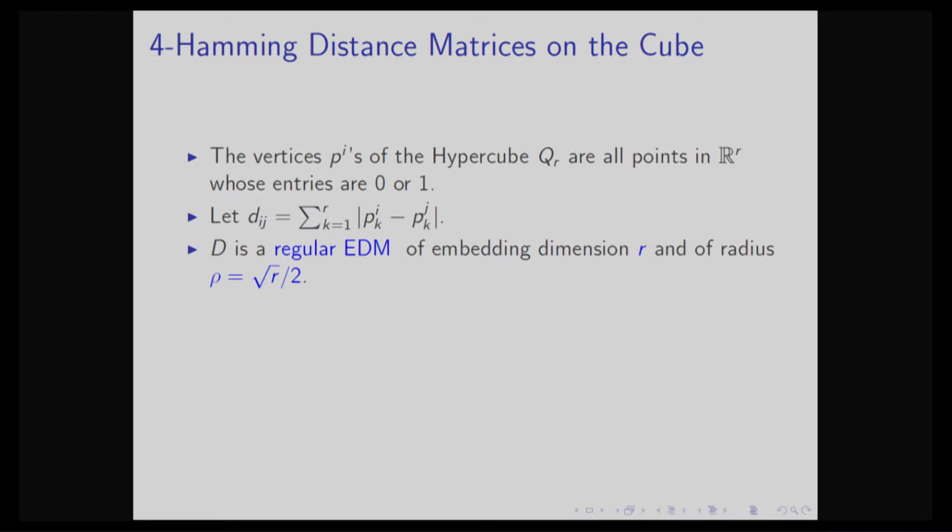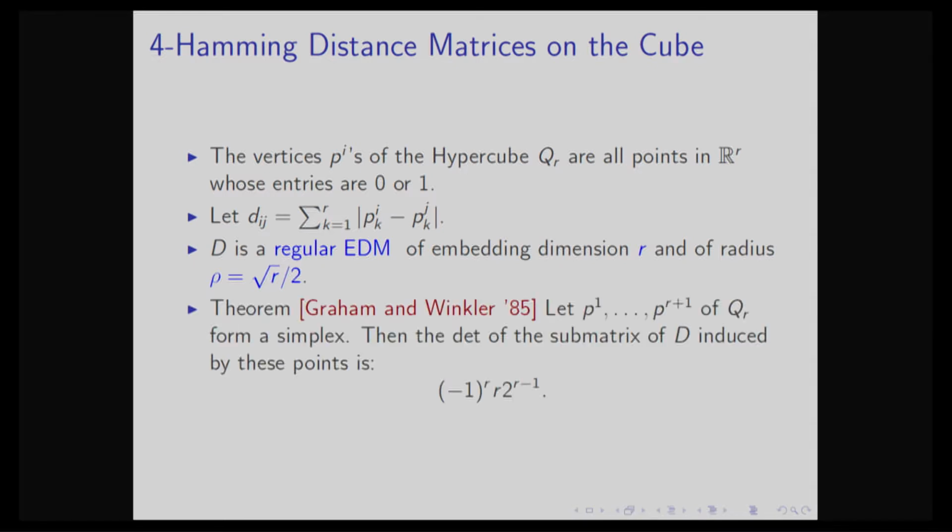You can prove that D is regular, the embedding dimension is R, and the radius is given by this expression. Obviously, the determinant of D is going to be 0. But if you pick a sub-matrix induced by affinely independent points, so they form a simplex, then the determinant is given by this. So you can find the determinant explicitly.